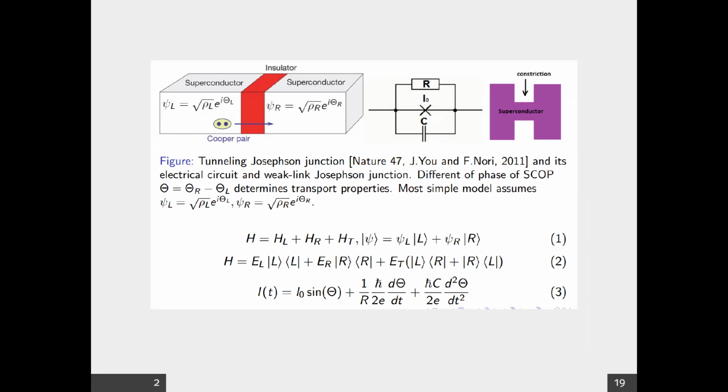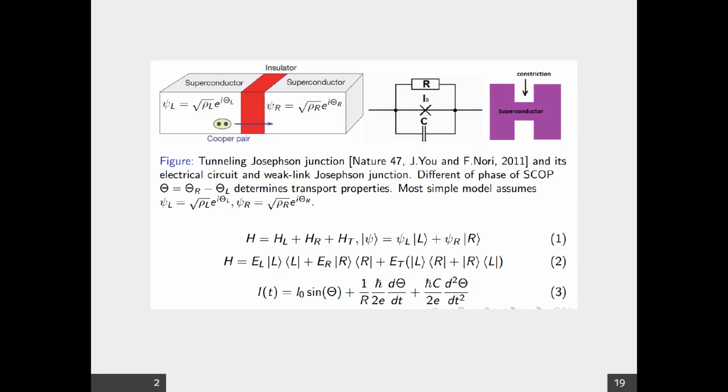It is assumed that the left side is a Bose-Einstein condensate and the right side is a Bose-Einstein condensate. There is tunneling between those two condensates, so that the left and right states are slightly perturbed.